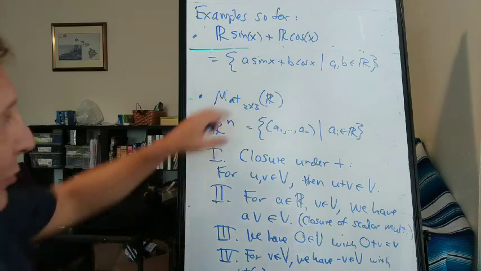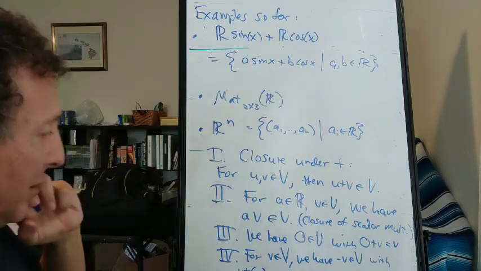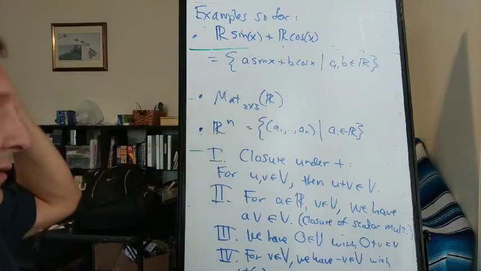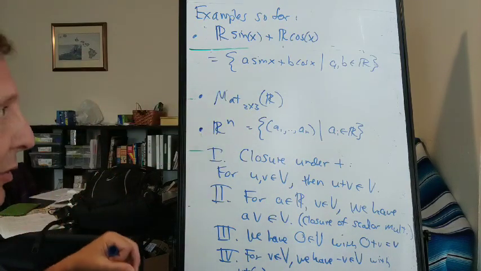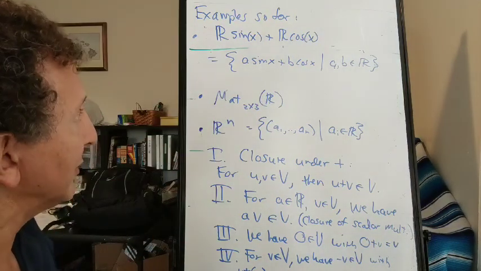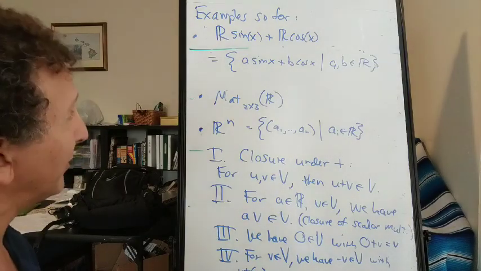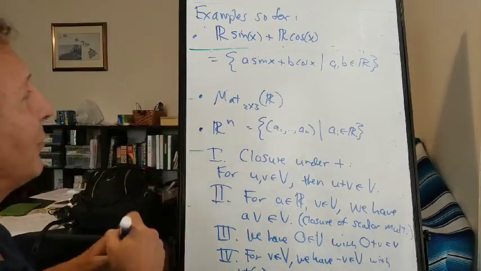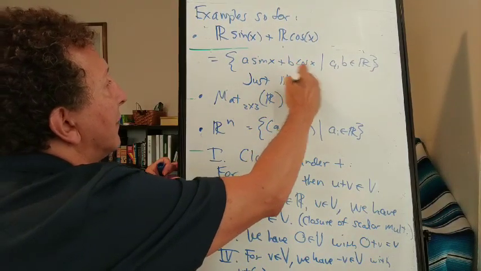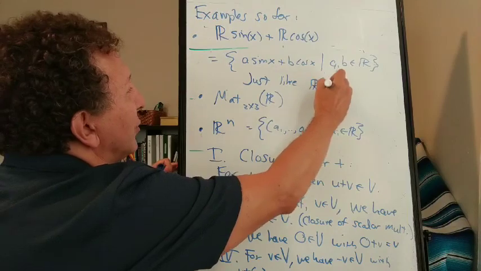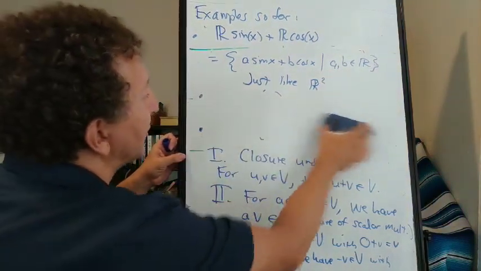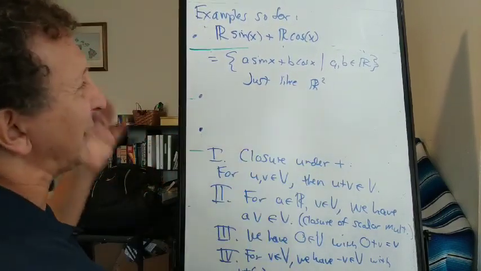We have a 0 element because we could have 0 sine plus 0 cosine. And we have opposites because for a sine x, b cosine x, we could take -a sine x, -b cosine x. And if a and b were real numbers, then negative a and negative b are also real numbers. So that's a vector space also. In fact, that one is just like R2, really, because the a sine x plus b cosine x is really just a comma b.